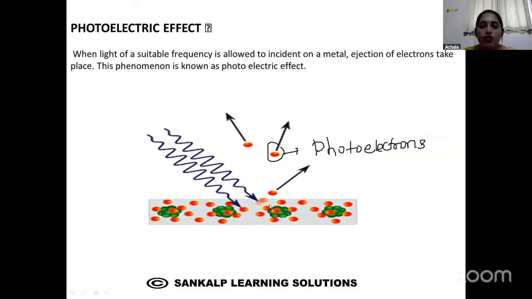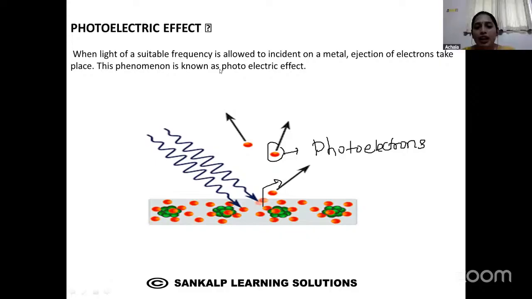This is the light which is falling on the metal surface. When it falls on the metal surface, using this energy due to the high frequency of this radiation, the electron present in the metal is kicked out. Electron is kicked out from the metal surface.